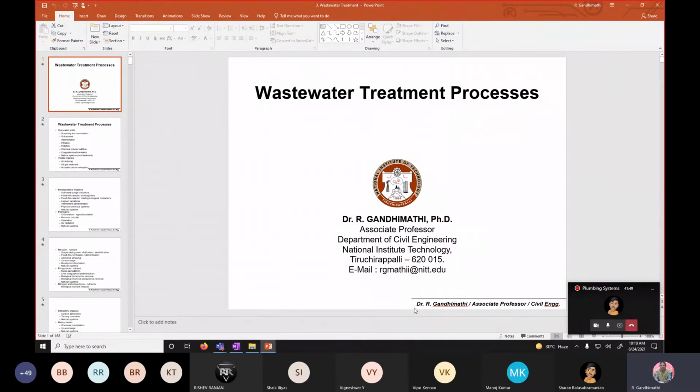Ma'am, organic and inorganic. Fine. Then others: dissolved, volatile solids, suspended. We have studied biodegradable organics, and refractory organics. Suspended solids we have studied. Therefore, the main objective is the removal of solids.